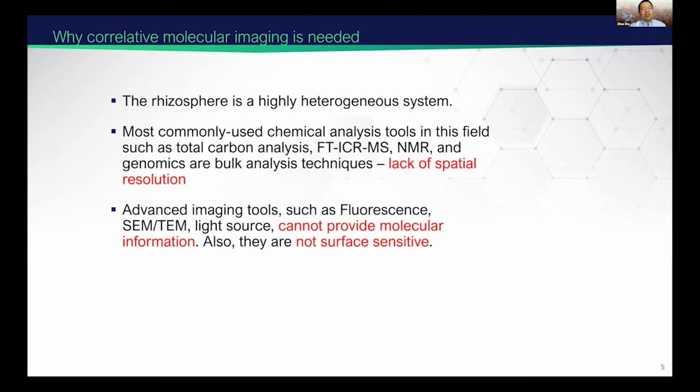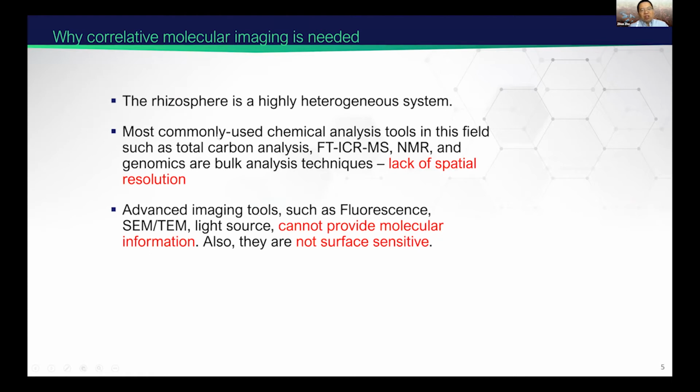So why is correlative molecular imaging needed? The first reason is that the rhizosphere is a highly heterogeneous system. We know that the roots, the microbes, the mineral particles and organic matter stay in the system and are not homogeneously distributed.